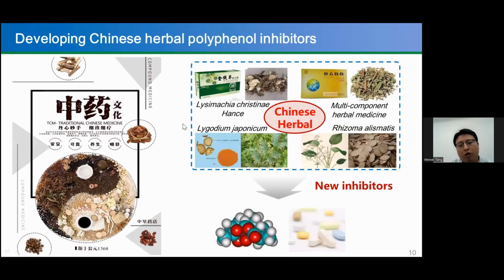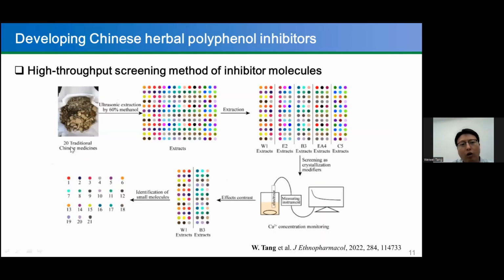Our strategy is to develop new inhibitors from Chinese herbal medicine for the prevention and treatment of kidney stones. To achieve this goal, we first established a high-throughput screening method of inhibitors from Chinese herbal medicine. The screening method typically includes extraction, separation, inhibition performance evaluation, and HPLC identification of small organics.